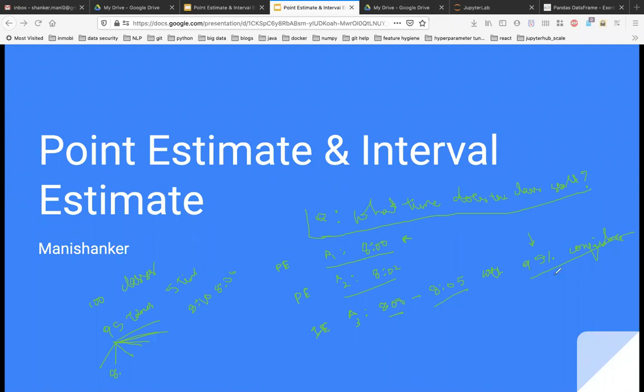So what this 95% confidence means is that the real parameter, and what is the real parameter? The parameter here is the starting time. So when does the class start? The starting time falls in this interval 95 times out of 100.